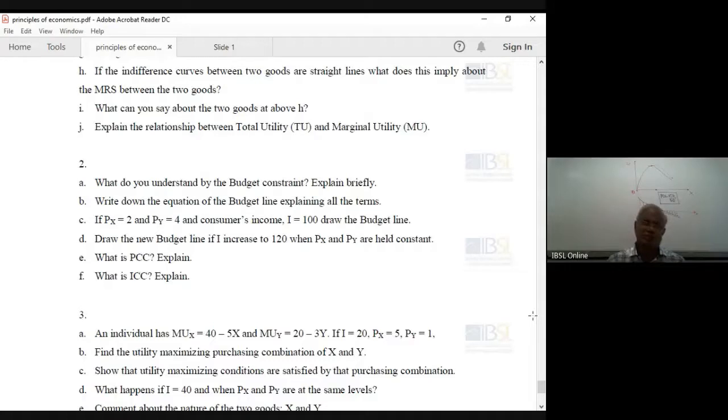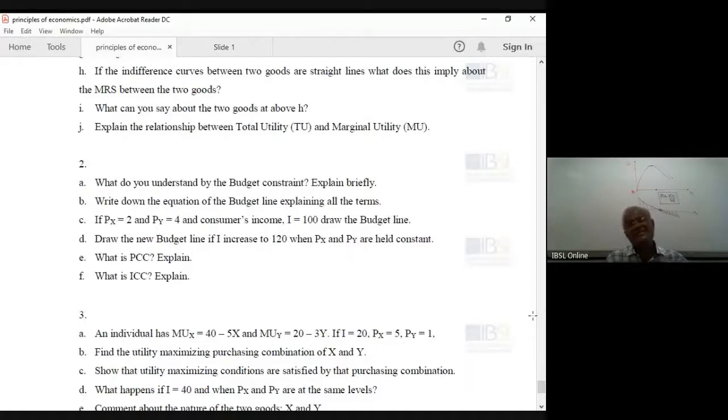Marginal rate of substitution, good example: change in Y divided by change in X. MRS, what do you understand? It is the consumer's willingness to substitute one good for the other so as to get the same utility. Explain briefly. In most of the papers, you get this kind of question.